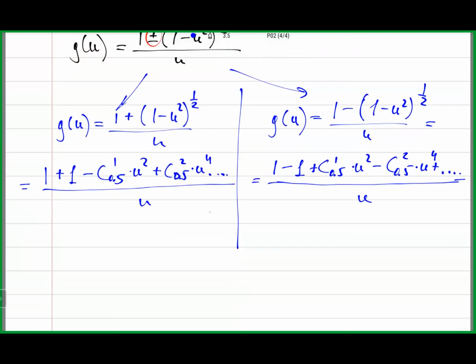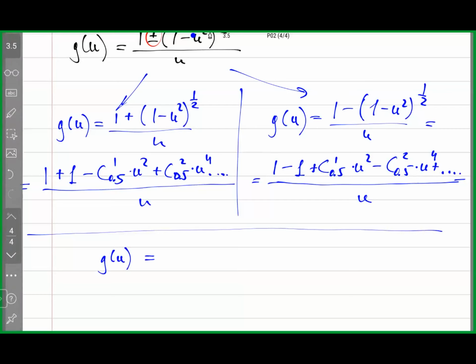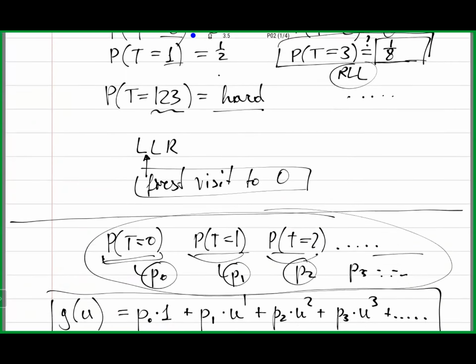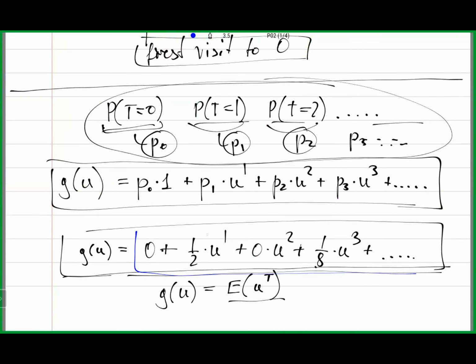Okay, and we already know how our function begins. We know g of u from our simple calculations. We know that it starts like this: 1 over 2 probability to get in one move, 0 probability to get in two moves.